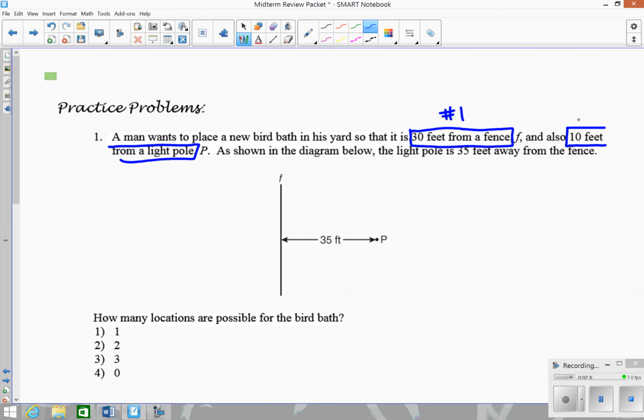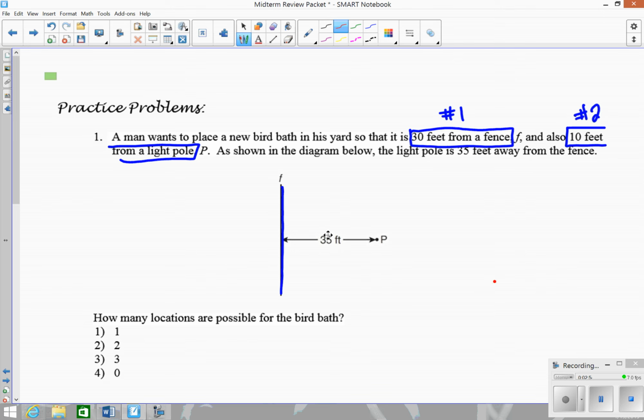So my first condition is that I need to be 30 feet from the fence. And then the second condition I need to satisfy is 10 feet from the light pole. So 30 feet from a fence, if you look, the fence here is representing a line. So my given condition is a line. So whenever you start with 1 line, you're going to get out 2 lines that are parallel, and it has to be 30 feet from it.